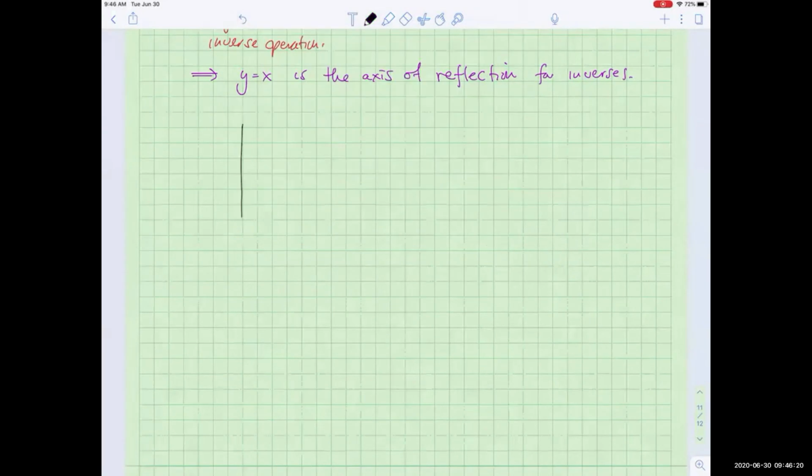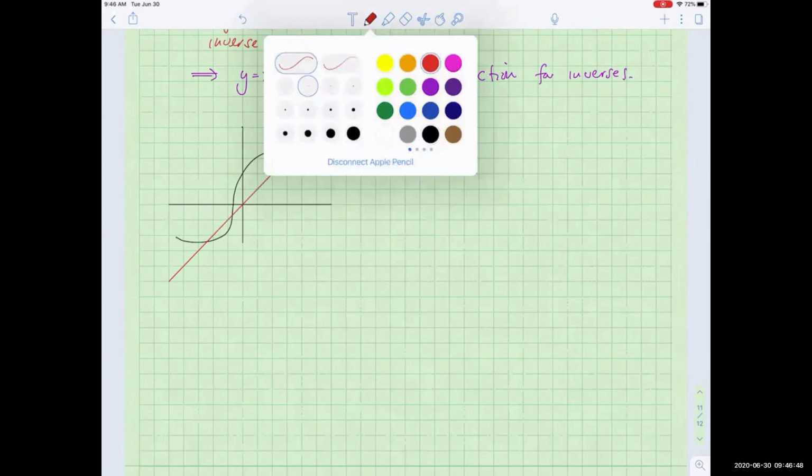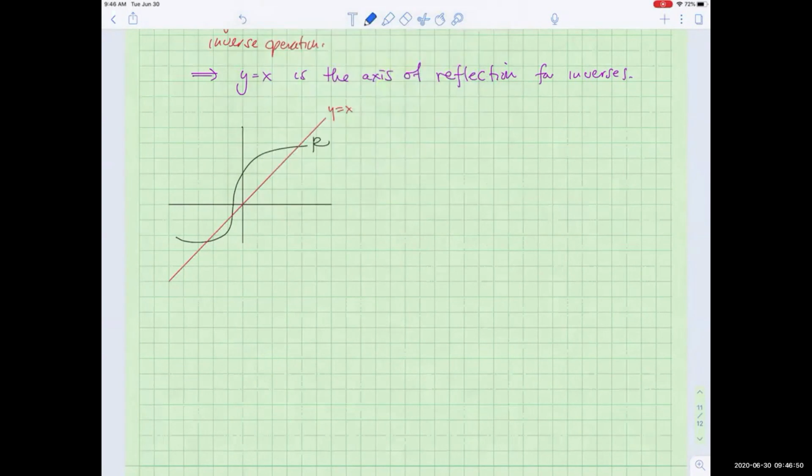Again, very quickly, if I have a curve R that looks like this, I need to draw the line y equals x, use that as my axis of reflection, and do my best to mirror this.